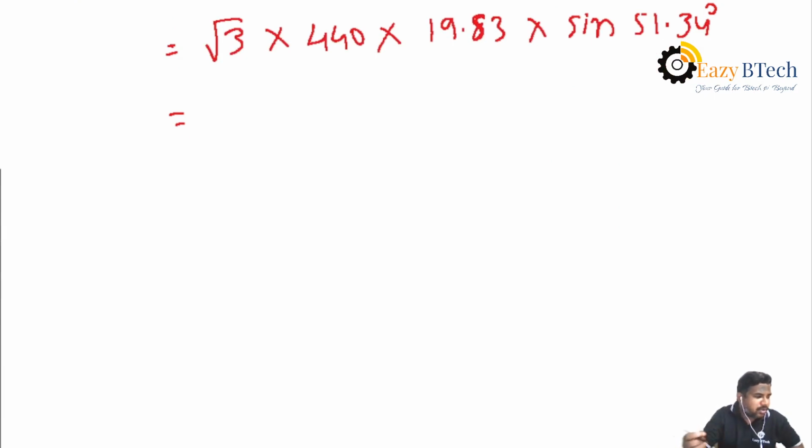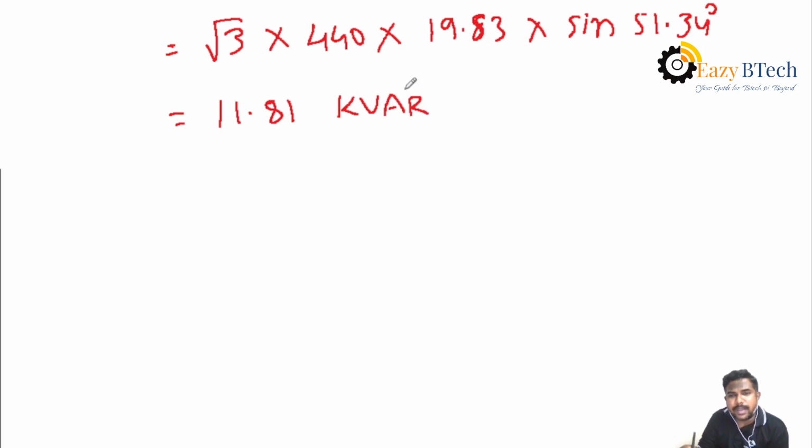The value of reactive power is in the form of kilo, that is 11.81. What is the unit for reactive power? kVAR, kilo volt ampere reactive. So this is the value of total reactive power of the star connected load.